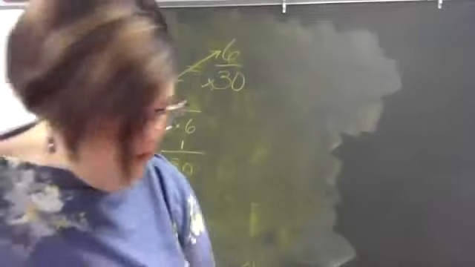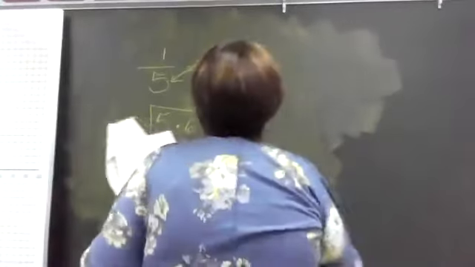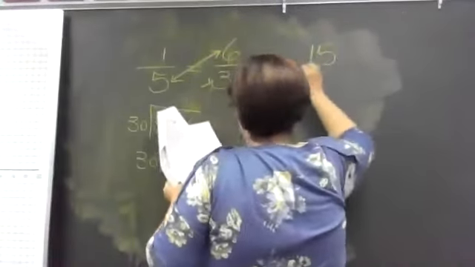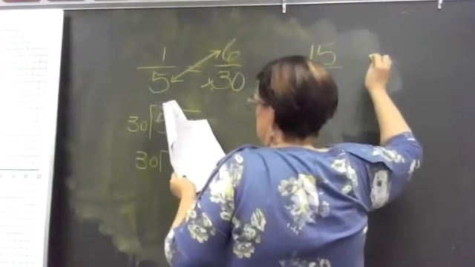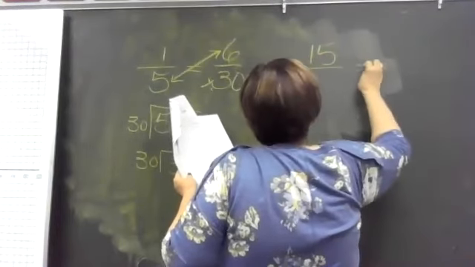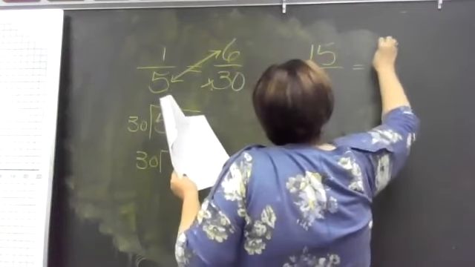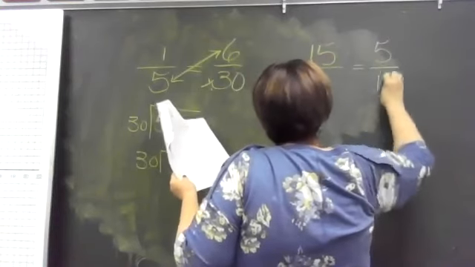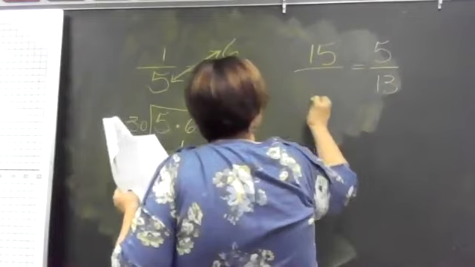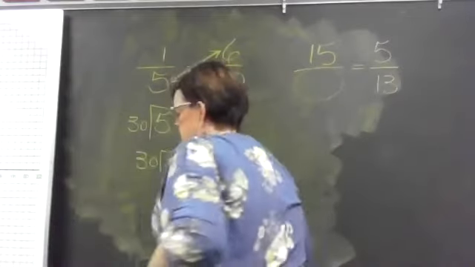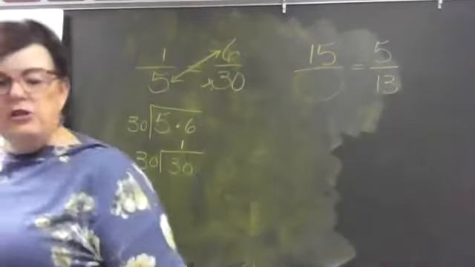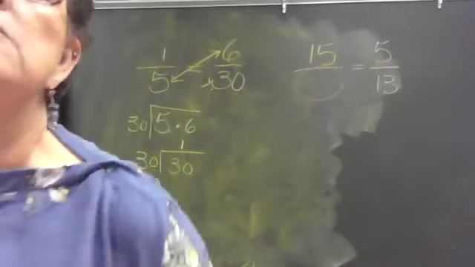Let's do one more and you tell me the answer, okay? And we want to know this answer right here. Notice that it is a fraction equal to a fraction.